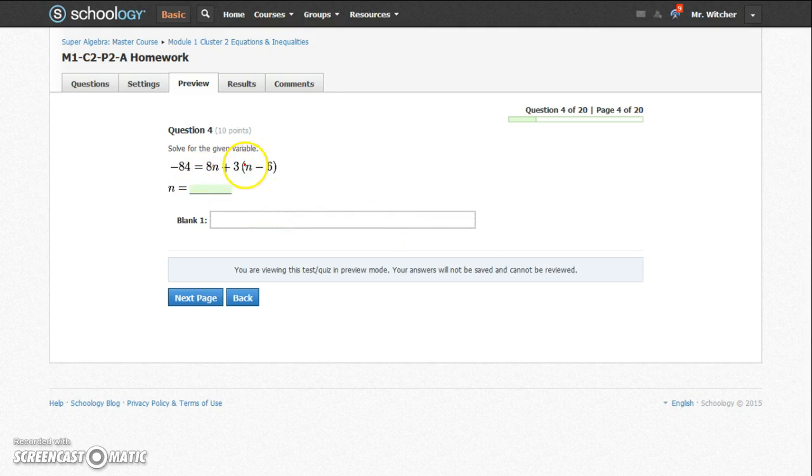Our fourth example, we'll rewrite negative 84 equals 8n plus 3 times n minus 6. So we have a couple of variables here. In order for me to combine this n with the n in parentheses, so the 8n with the n in parentheses, I need to go ahead and distribute.